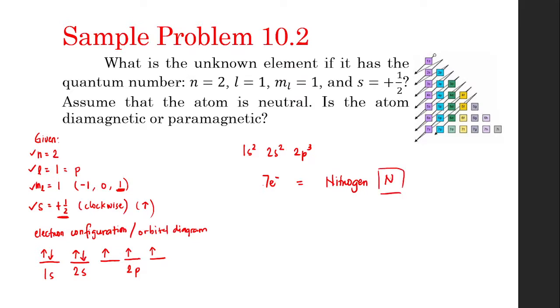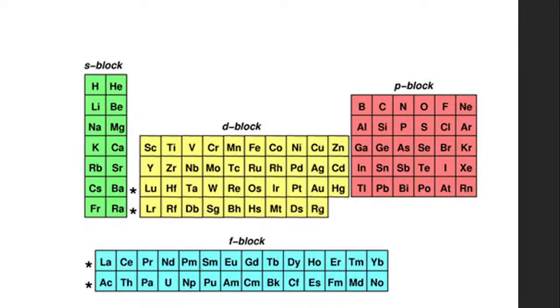So how do we identify that? Well, if you look here, this is our s block. So this is our 1s1, 1s2, and then this is our n equals 2. So this is 2s1, 2s2, and then we go to the p block.